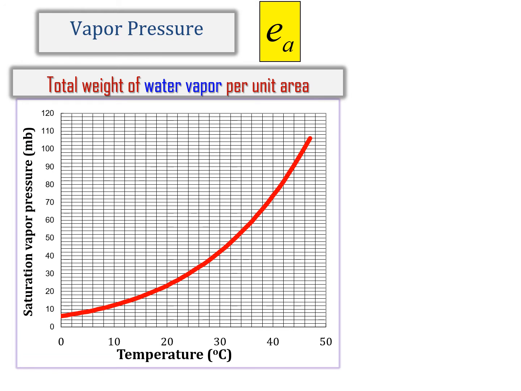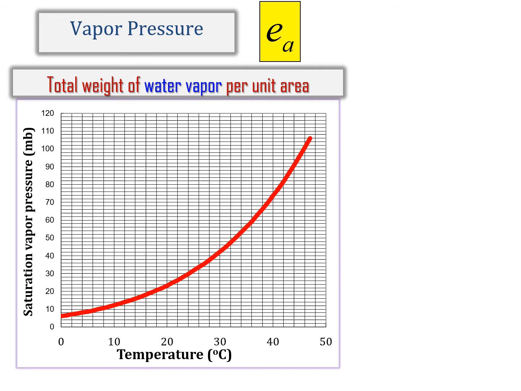That's vapor pressure. In this chart the x-axis is temperature. The vertical axis is vapor pressure. So this red curve is the saturation vapor pressure.